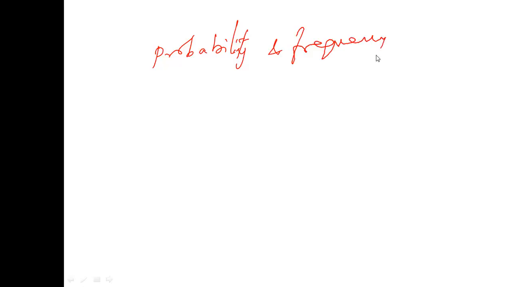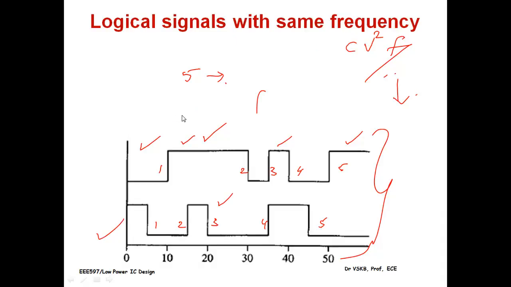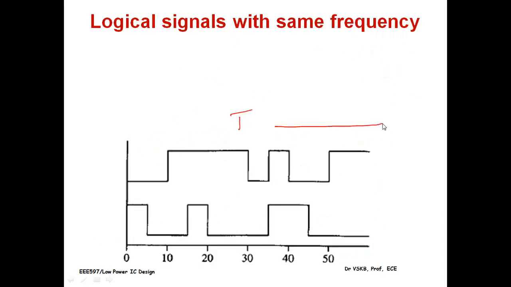Probability and frequency. We can very simply say the frequency is going to be, as we have seen in the previous slide, if I have the number of switchings, I compare my logical transition over a particular time t, and during this time t, whatever switchings were happening, I would call n of t.